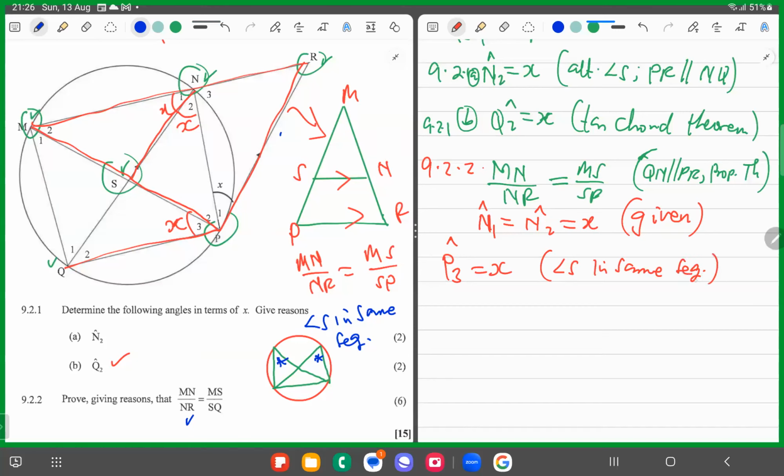The implication is therefore that P3 must be equal to Q2, because they're both equal to x.